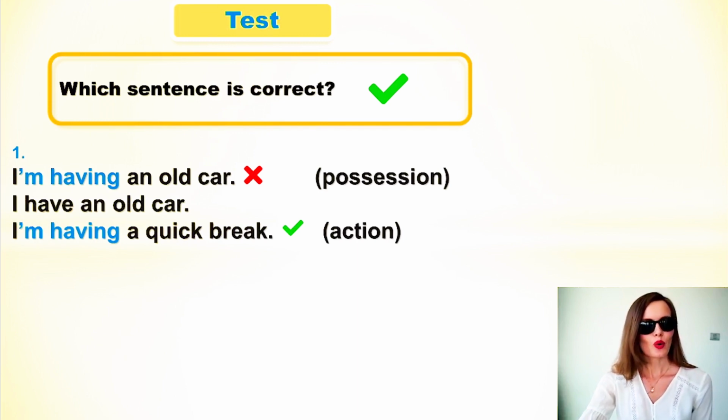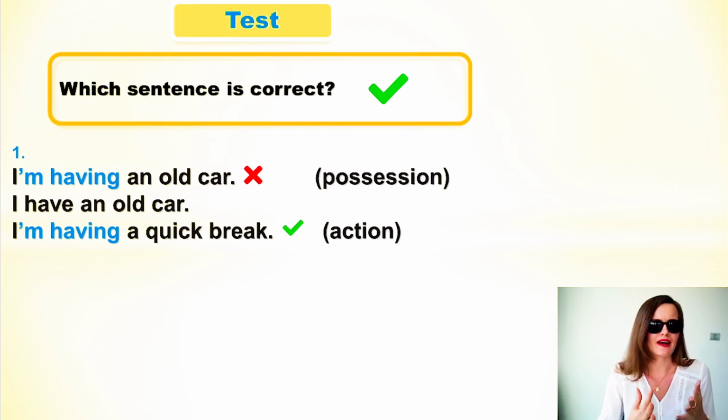I'm having an old car. It is wrong to say that. It would be right to say, I have an old car, because the verb to have in this sentence shows a possession. But you can say, I'm having a quick break, because it shows an action. You are in the process of having a quick break.